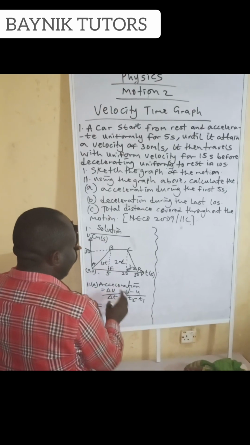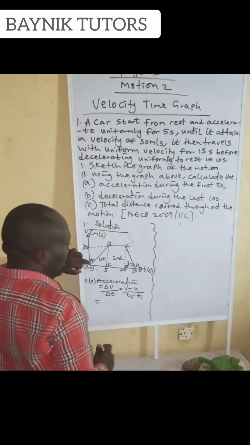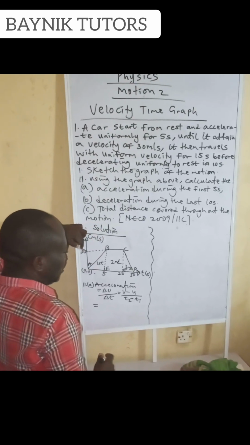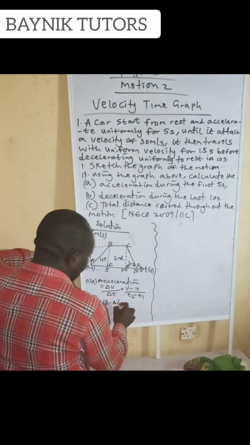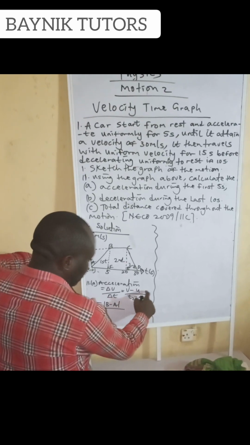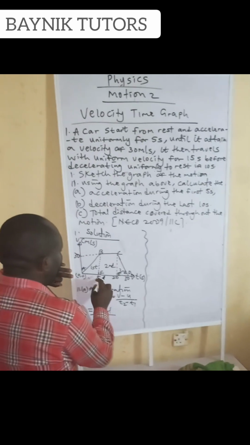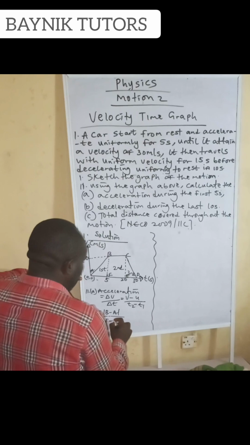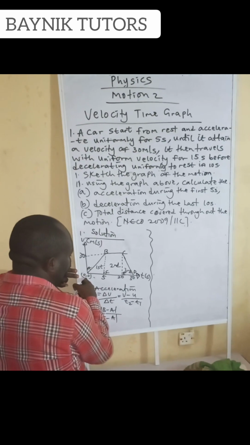So for the graphically now, you look at your initial velocity, A, which is at 0. The final velocity is B, which is at 30. Trace it there. So we'll say B minus A. That's the graphically. You may not even put this. After the acceleration, you can just easily come here. Then time will now be F, final time, minus A. A is standing for both initial velocity and initial time.